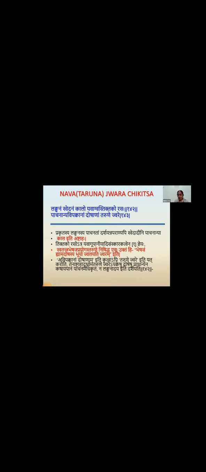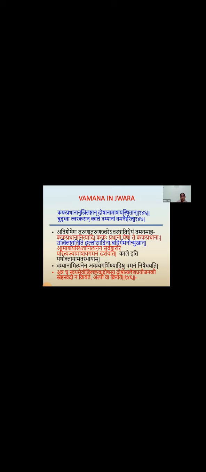Okay. So next, we have already seen the Ushna Jala Mahatva, and the next thing is Vamana in Jwara. So when is Vamana indicated? One thing we have to understand: whenever the person is having Jwara, we have seen the signs and symptoms.